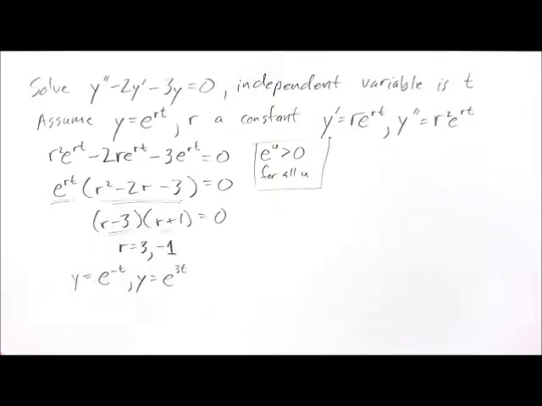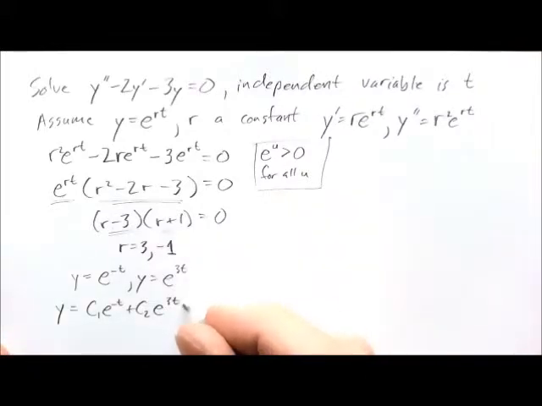And in fact, I'm going to claim that if we multiply each by some constant and we add them together, that this, in fact, is a solution to the differential equation. So let's check and see if that's true.